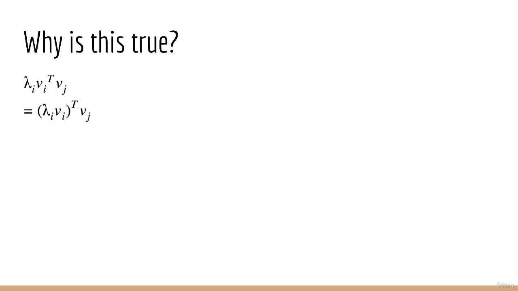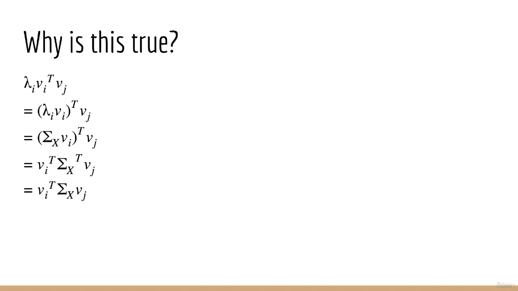So we can replace lambda sub i times v sub i with sigma times v sub i. So I have sigma times v sub i, all transposed, times v sub j. Now remember that, when you take the transpose, the order of multiplication reverses. So this is the same as v sub i transpose times sigma transpose times v sub j. But we know that sigma is symmetric, so sigma transpose is just sigma.